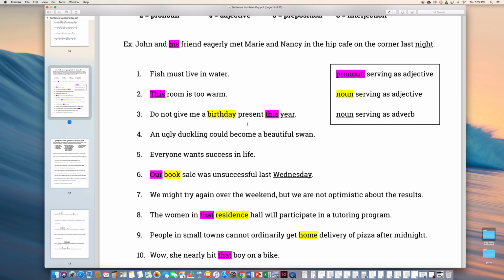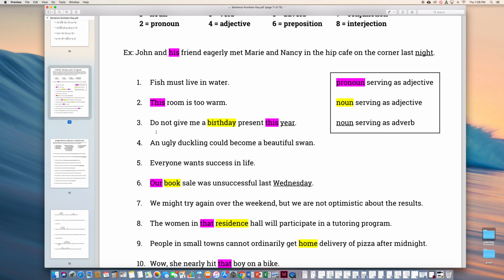One of the things to think about in terms of this distinction is that a noun is always serving as itself, like present is here, when it's also serving one of these roles or jobs in the sentence. Present in this case is a direct object.